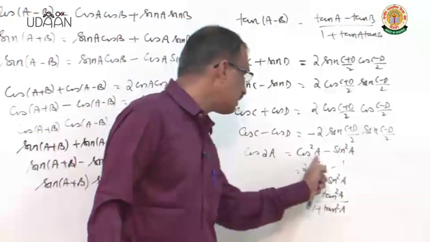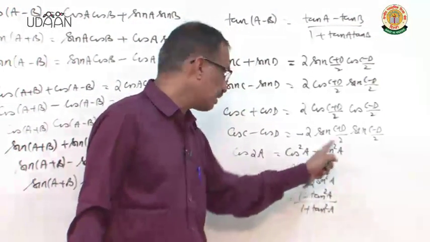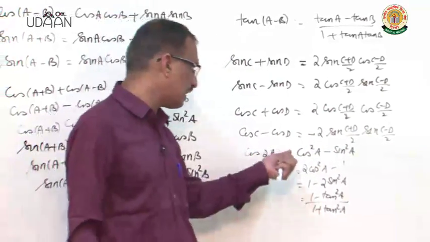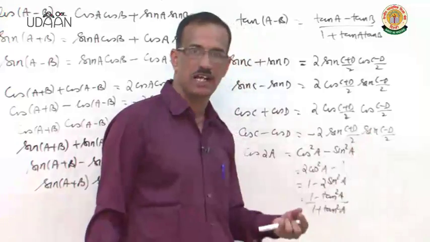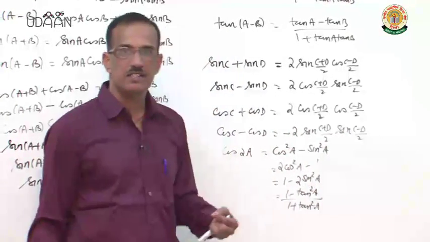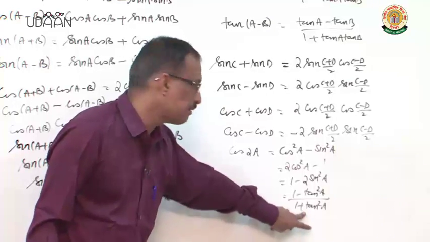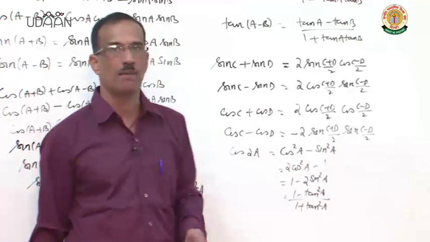That is, if you divide by cos squared A and multiply by cos squared A, or you multiply and divide by sec squared A, and you know sec squared A is 1 plus tan squared A, so from there you get this formula.